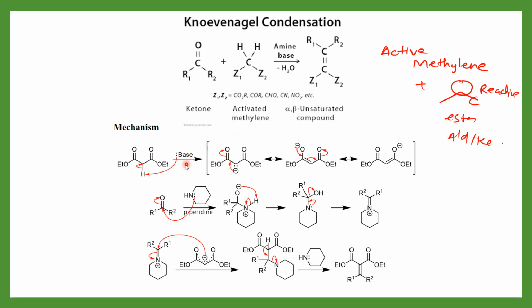Base is there in our reaction medium. Base is going to abstract proton from this active methylene, and will result in formation of this enolate. Okay. This enolate can have these three resonance forms. Correct? Till now, I think everyone is clear.